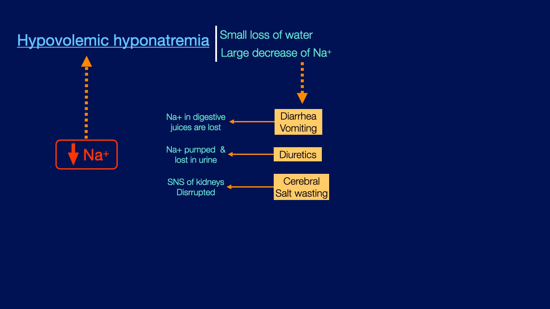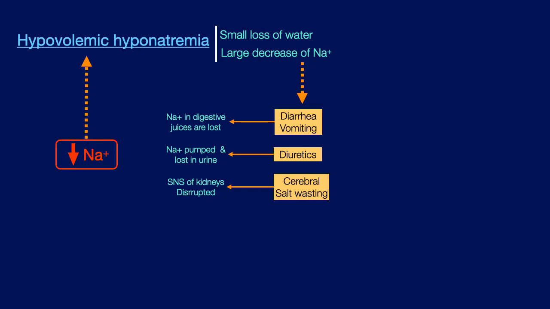Alright, so this can happen in conditions like diarrhea or vomiting, where the cells lining the gastrointestinal tract actually pump sodium ions into the digestive juices, but then those ions don't get reabsorbed because the undigested food in the digestive juices is tossed from the body.